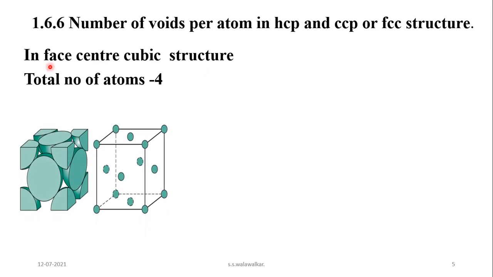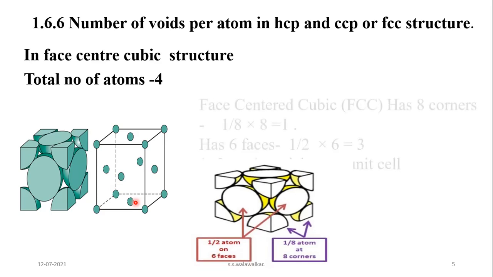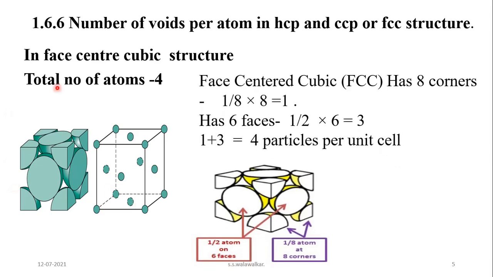That means here this is the FCC structure, and in the FCC structure at the 8 corners of the cube 8 atoms are there and 6 faces are there, and at the center of each face 6 atoms are there, and therefore the total atoms present in FCC are 4.